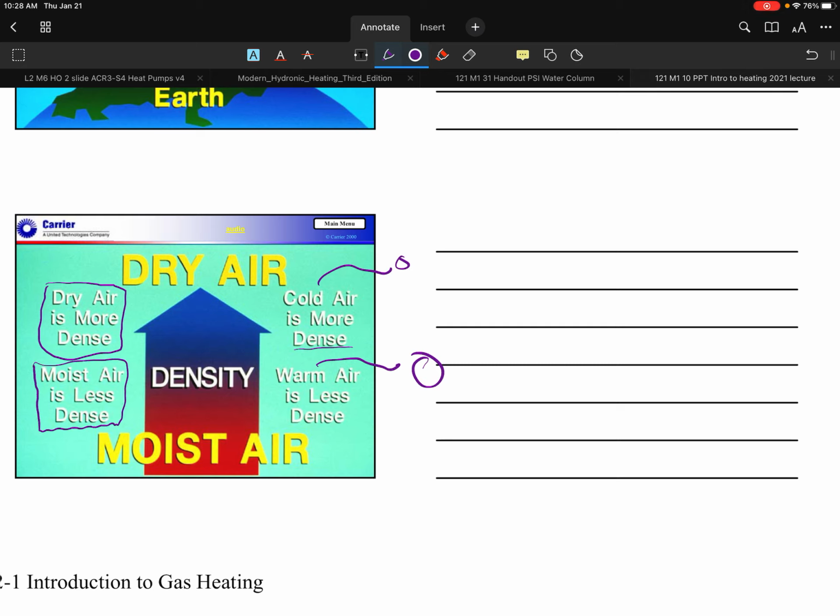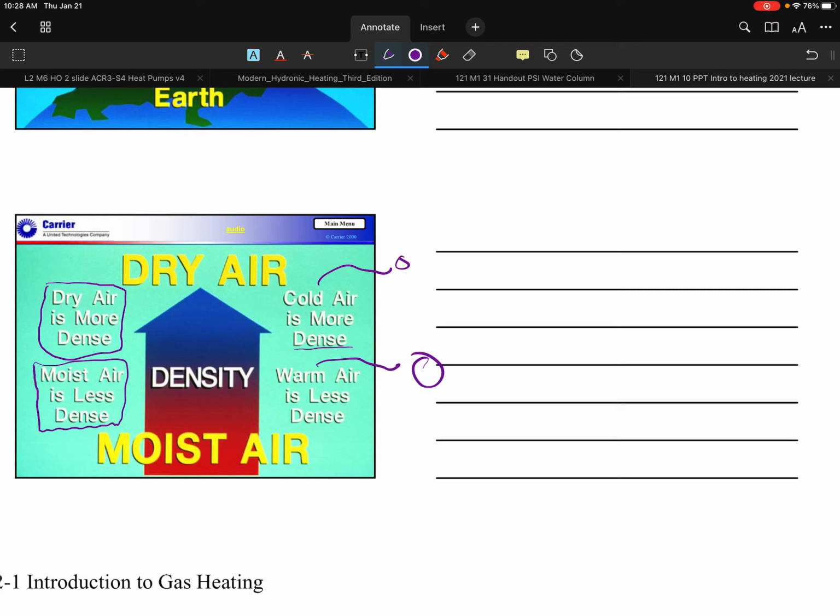So you have to ask yourself, what's the difference between dry air and moist air? Air is essentially a mixture of dry air and moisture.